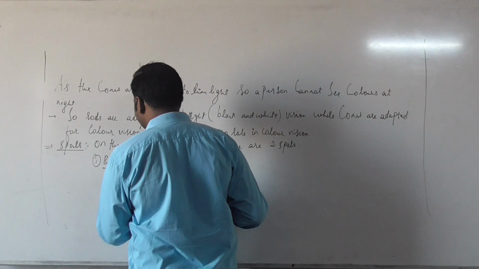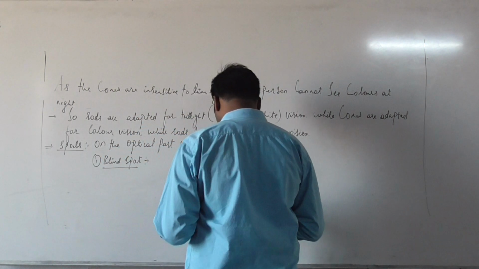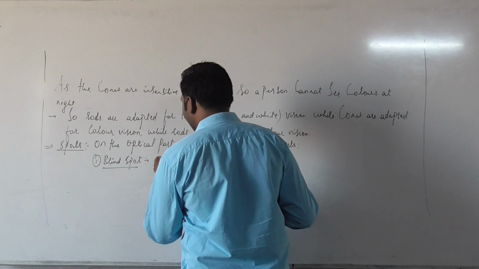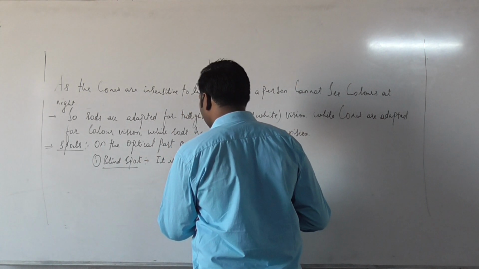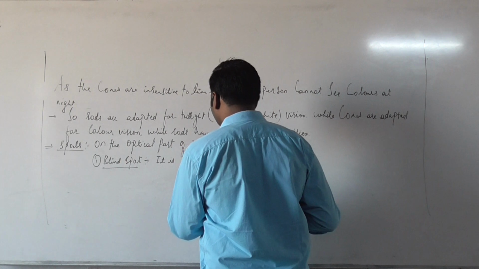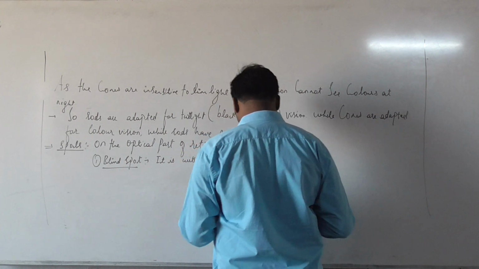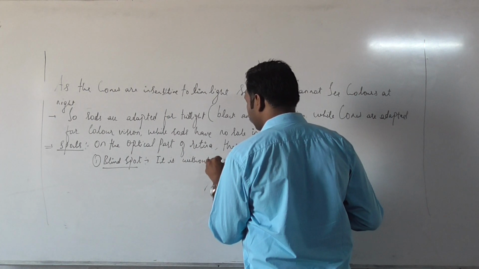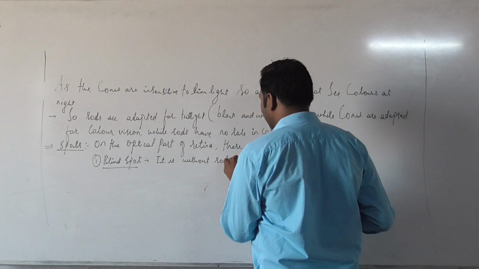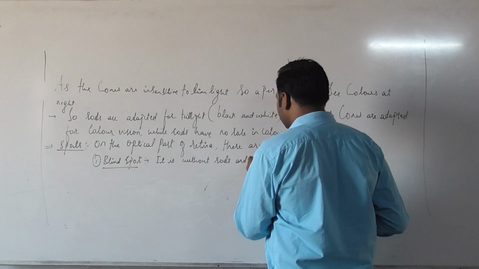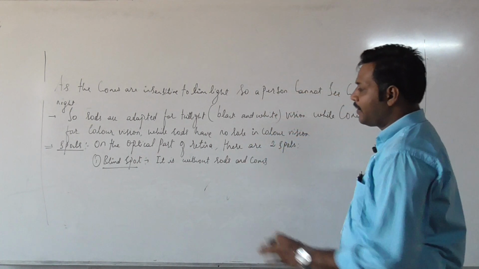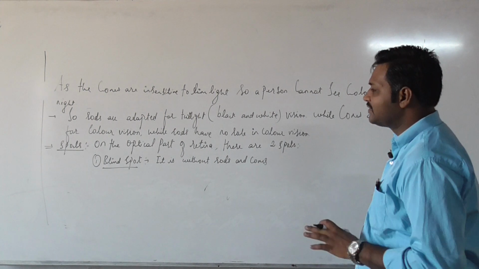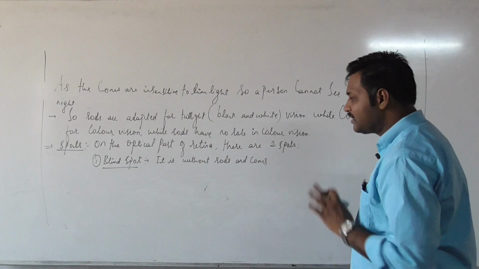Now what exactly is this blind spot? It is without rods and cones. It is a part of the retina, called the blind spot.